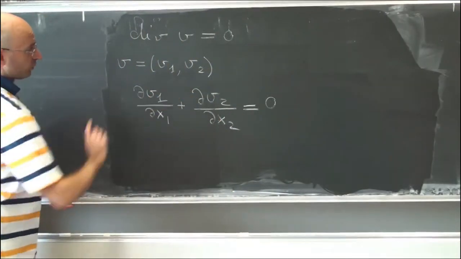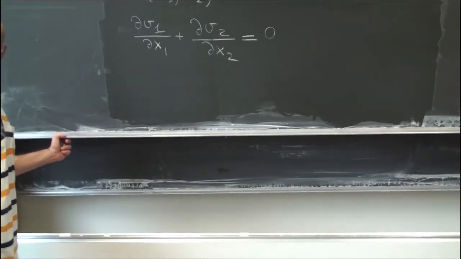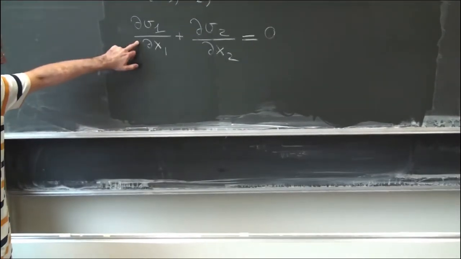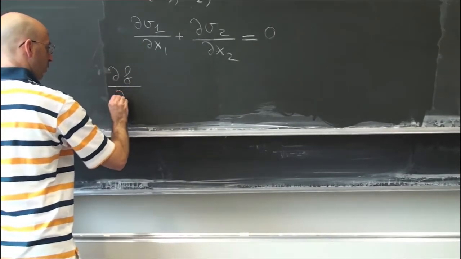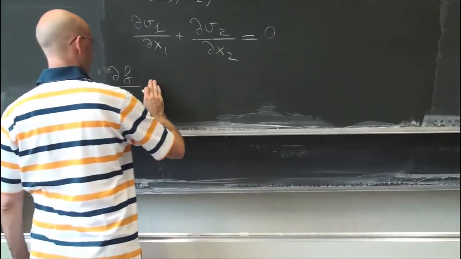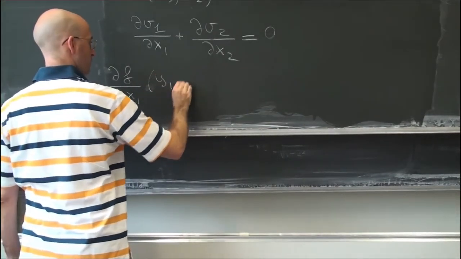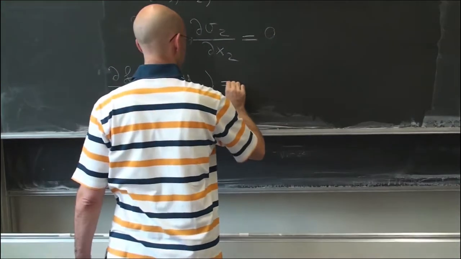So each of v1 and v2 are real functions of two variables. So this partial derivative simply means the following thing. We are taking the ordinary derivative of the function f thought of as a function of one single variable when the other variable is frozen.